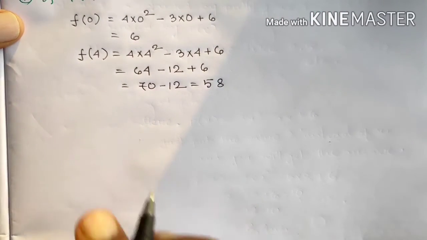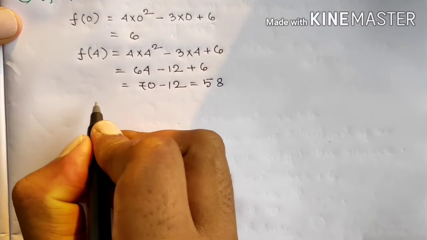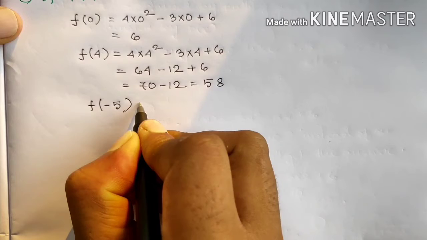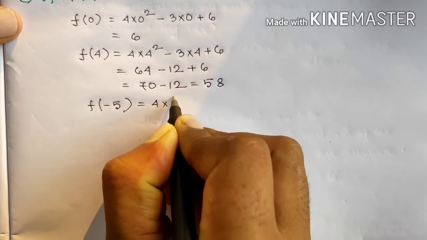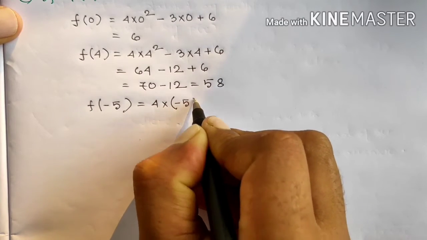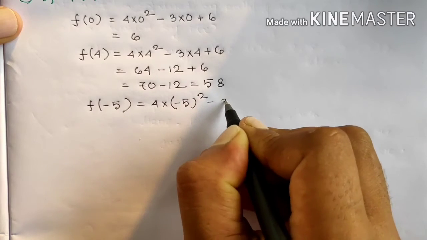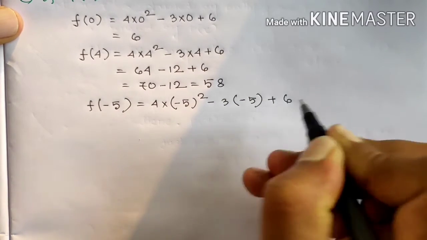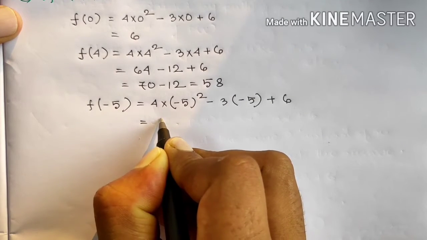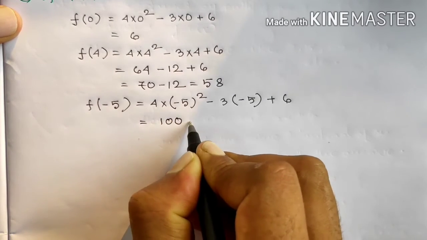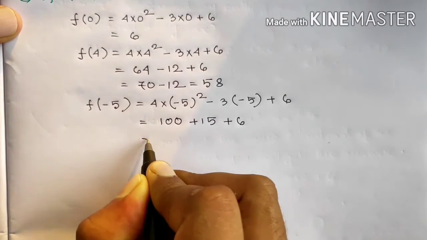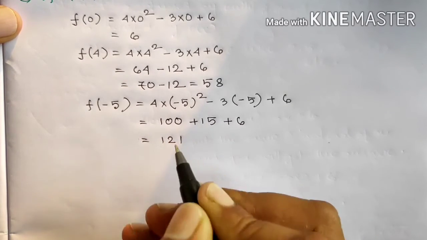Now for f of minus 5 equal to 4 into minus 5 whole square minus 3 into minus 5 plus 6, which gives 100 plus 15 plus 6 equal to 121.